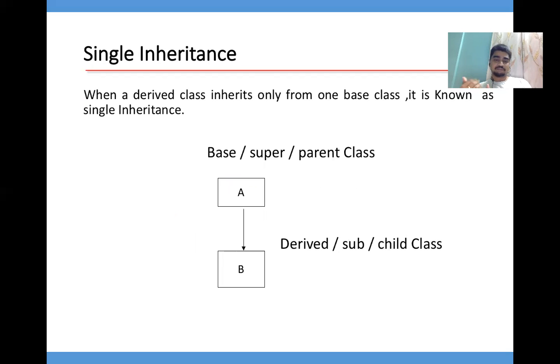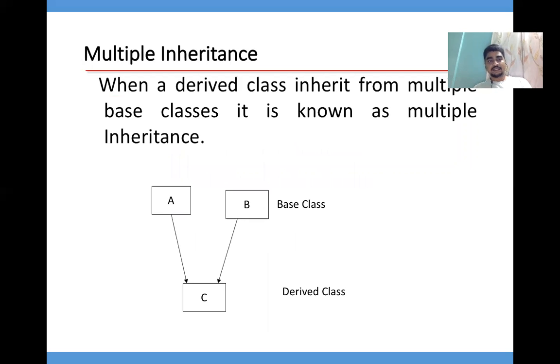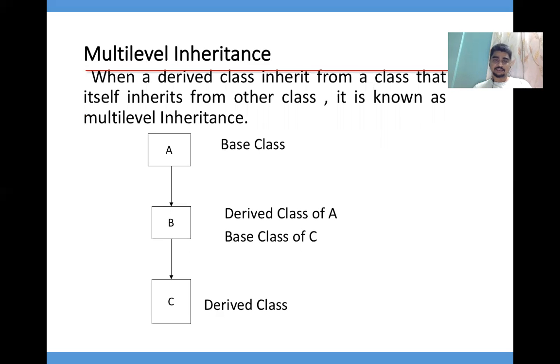So B is derived from A. In multiple inheritance, a derived class inherits from multiple base classes. Base classes can be multiple, like A and B, and from all these base classes, one derived class is C. This is called multiple inheritance.